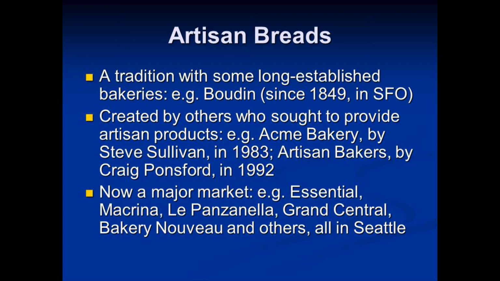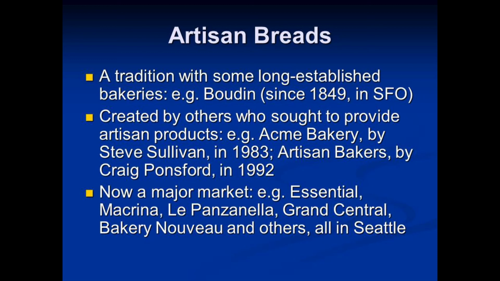Now, in the United States, what we now call artisan bread was the traditional type of bread in cities like, say, San Francisco, where Boudin Bakery, which was founded in 1849 and has been operating consistently ever since, is located. But more recently, there has been a real push to develop good-tasting, wholesome breads.